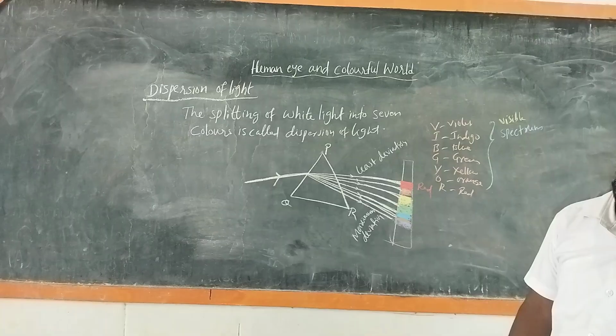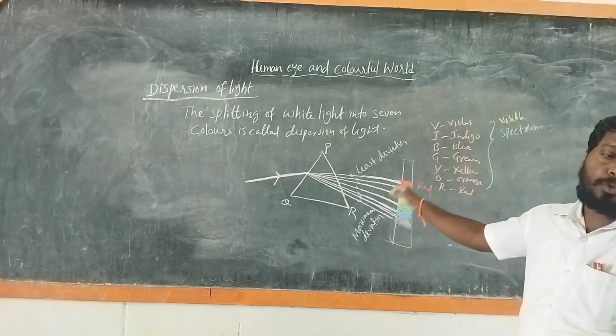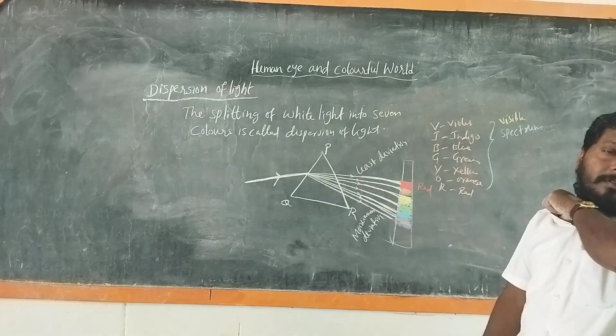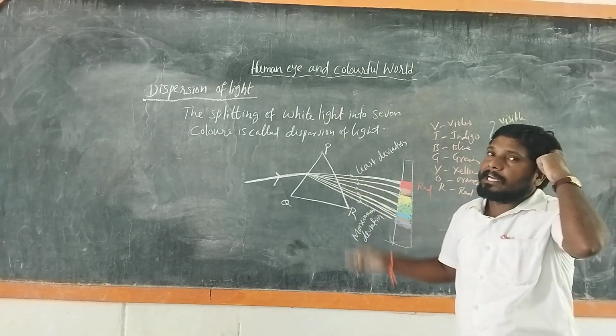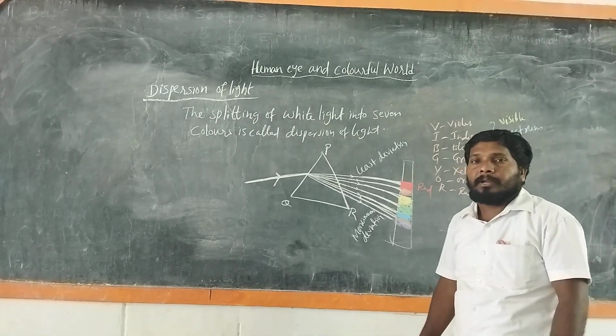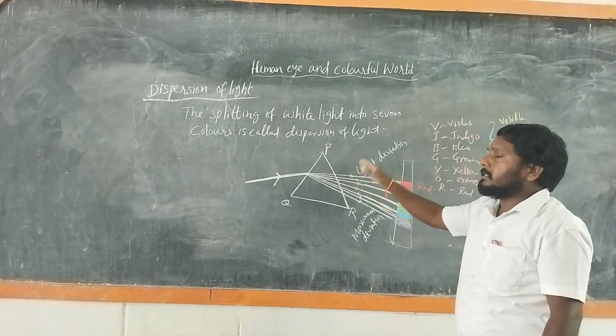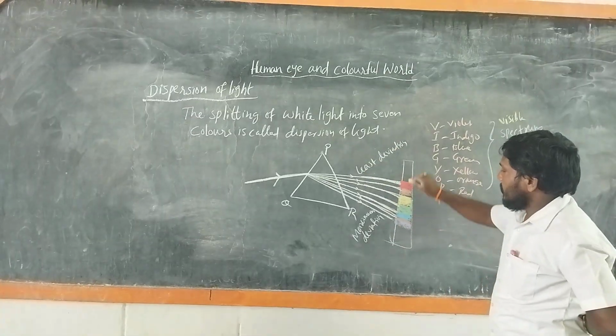The splitting up of light into 7 colors when it is passed through a transparent medium is called dispersion of light.